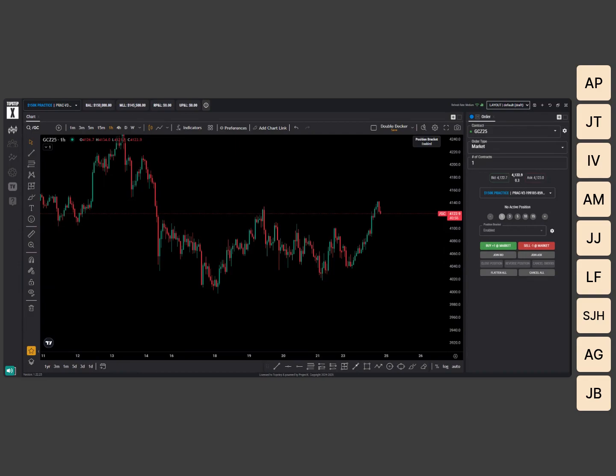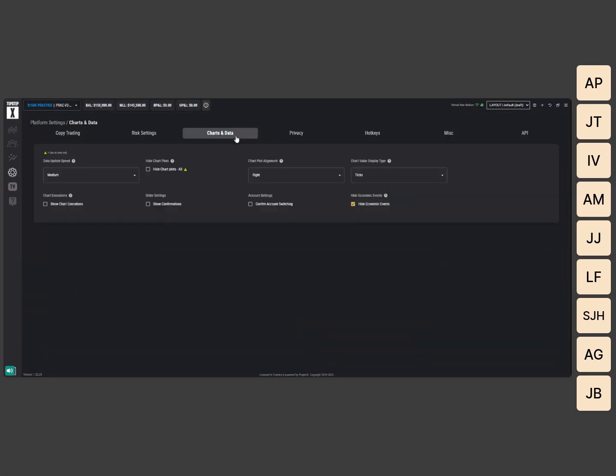Now, another tip that I wanted to pass on with everybody is that when it comes to passing funded accounts, one thing that I picked up on just over the years was seeing that most people switched their account, their charts and data from the dollars to the ticks, right?